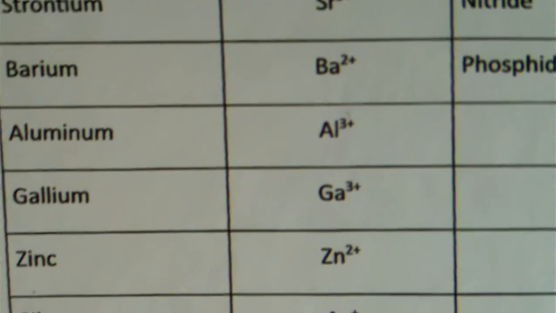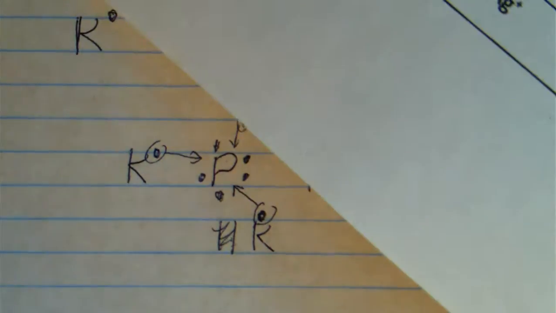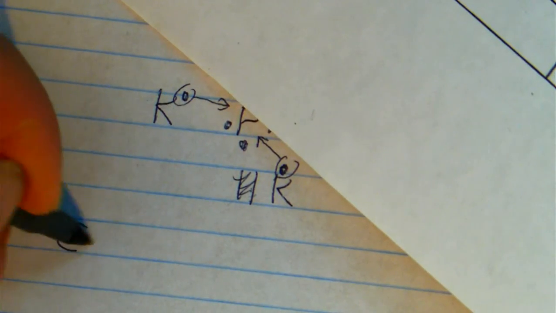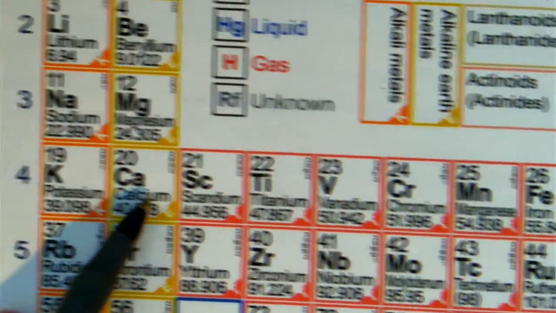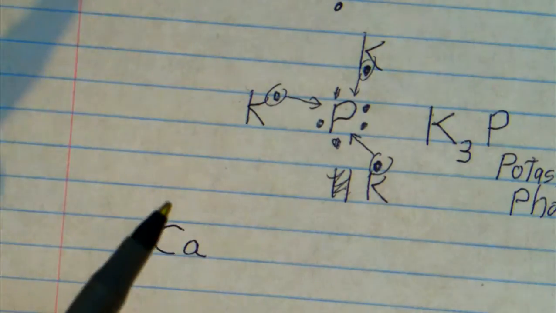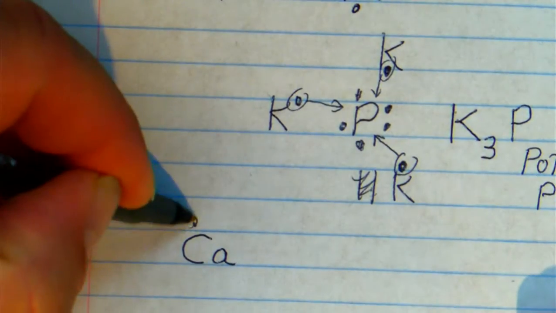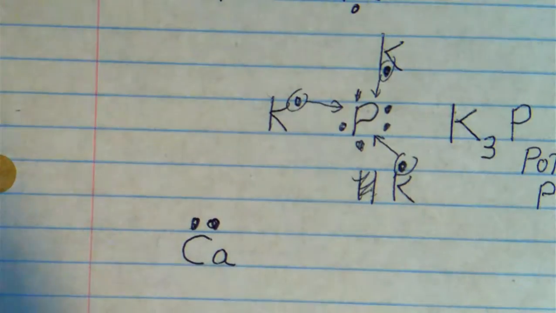Okay. And the choice is calcium. Calcium on the periodic table is always an alkaline earth metal, so it's always going to have 2 valence electrons.